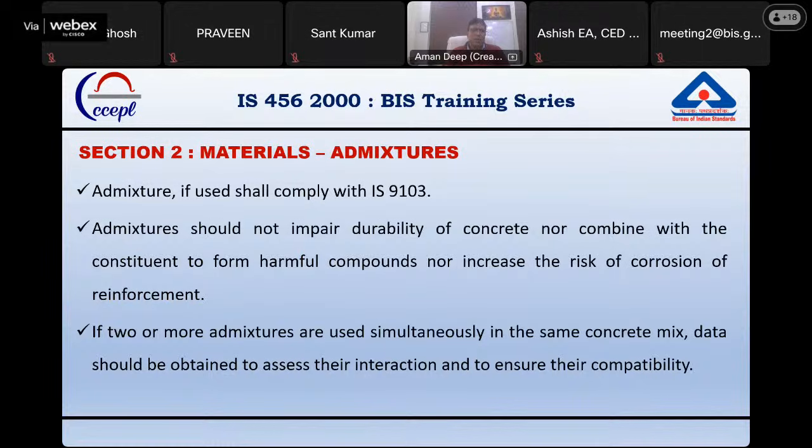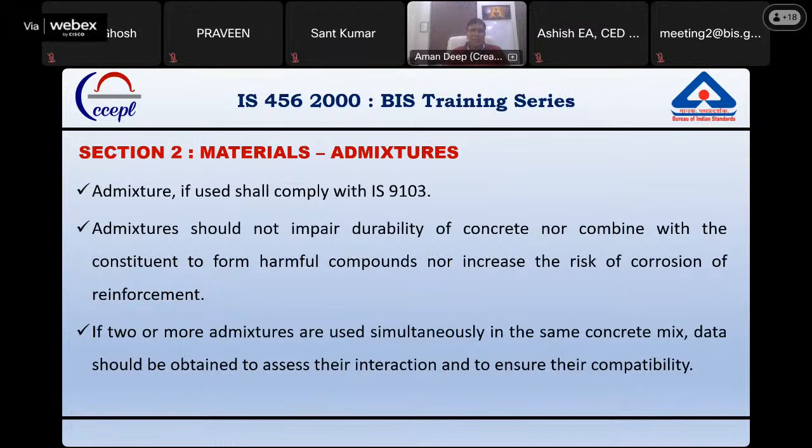So if we are using some admixtures like this, the admixture quality should be such that it should not impair any durability risk to the concrete, nor combine with the constituents to form harmful compounds, nor increase the risk of corrosion of the reinforcement. So admixtures may have some chlorides also, may have some other elements which can harm.